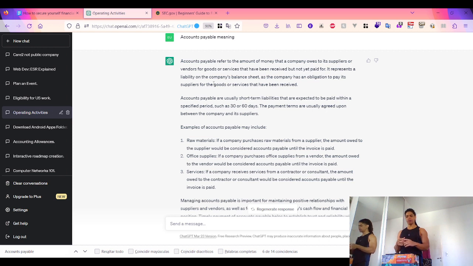Usually, these are short-term liabilities, such as 30 or 60 days. Examples of accounts payable are raw materials, office supplies, and service.